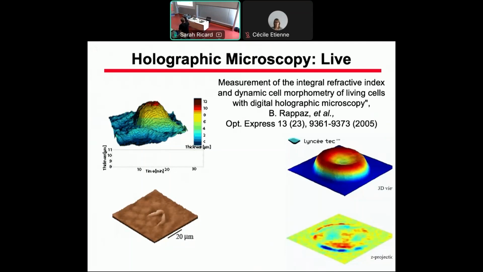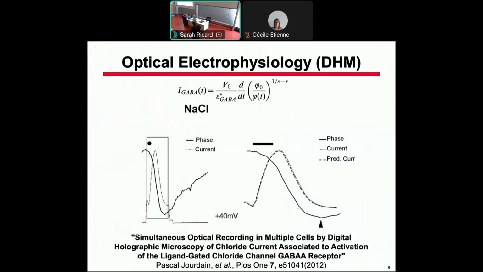You can follow things which are moving at the surface. This is interesting to me, as far as I know, it's the sole case where an optical measurement has been directly linked to a biological quantity from the phase.